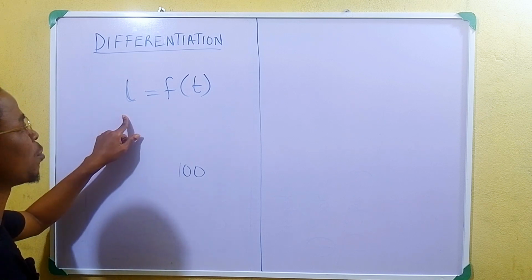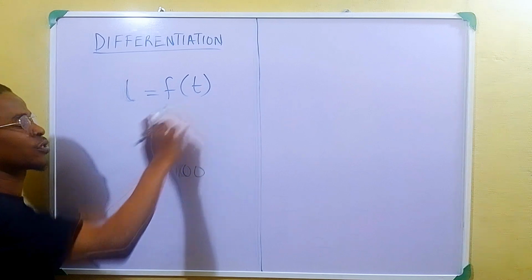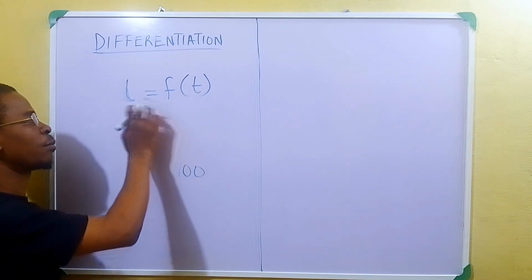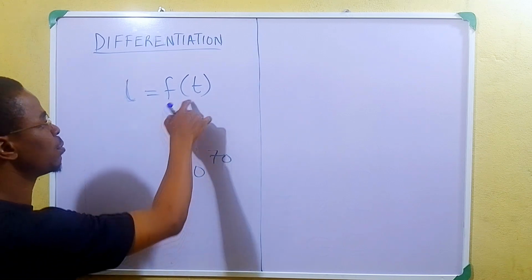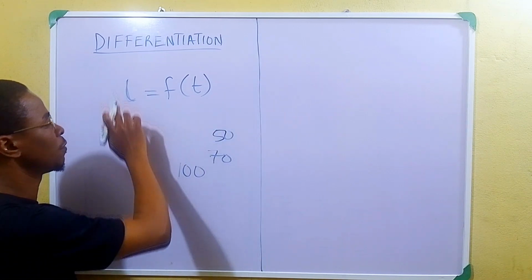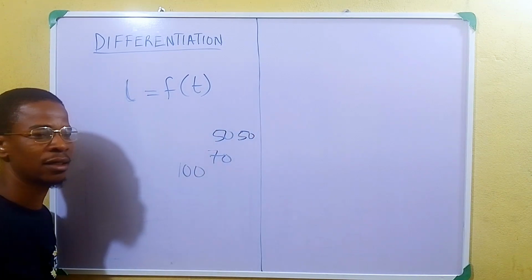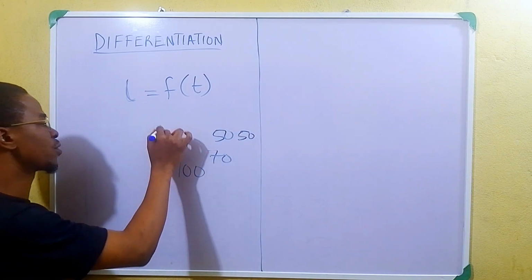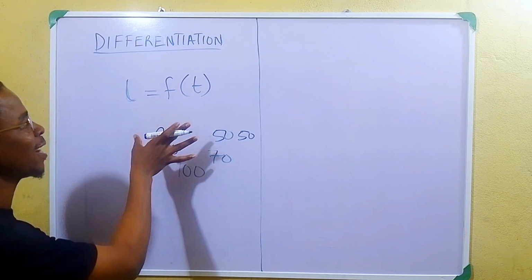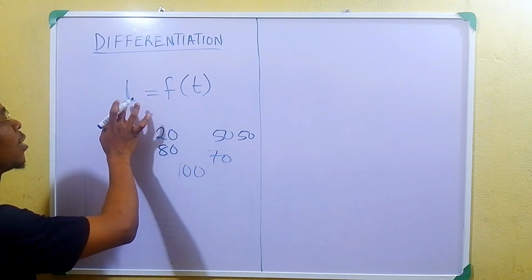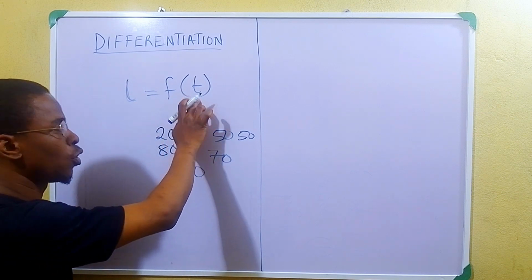That means if we take 30 books out of this 100, the number of books left will be what? 70. If we take 50 books out of this 100, the number of books left will be what? 50. If we take 20 books out of this 100, the number of books left will be what? 80. So you can see here that the value of L is dependent on the value of T.